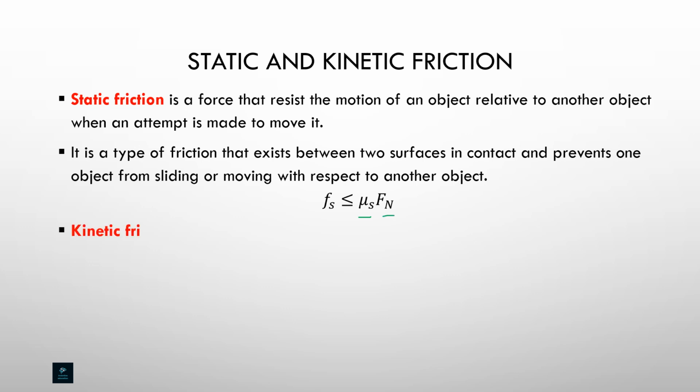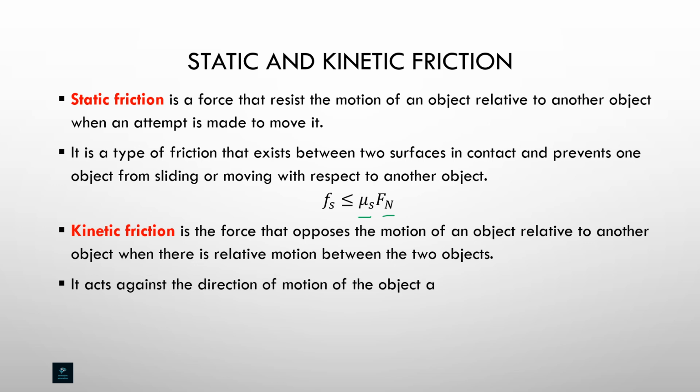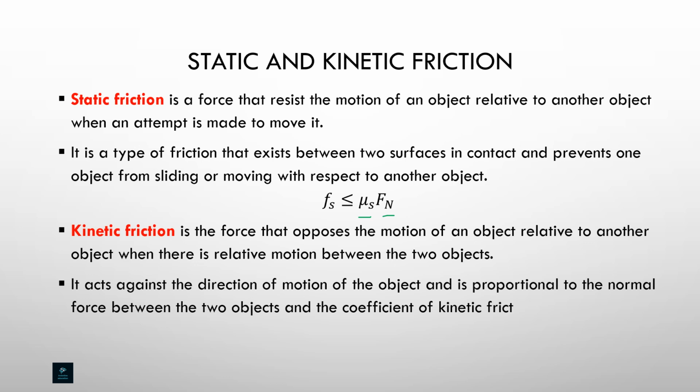Similarly, kinetic friction is the force that opposes the motion of an object relative to another object when there is a relative motion between the two objects. It acts against the direction of motion of the object and is proportional to the normal force between the two objects and the coefficient of kinetic friction.